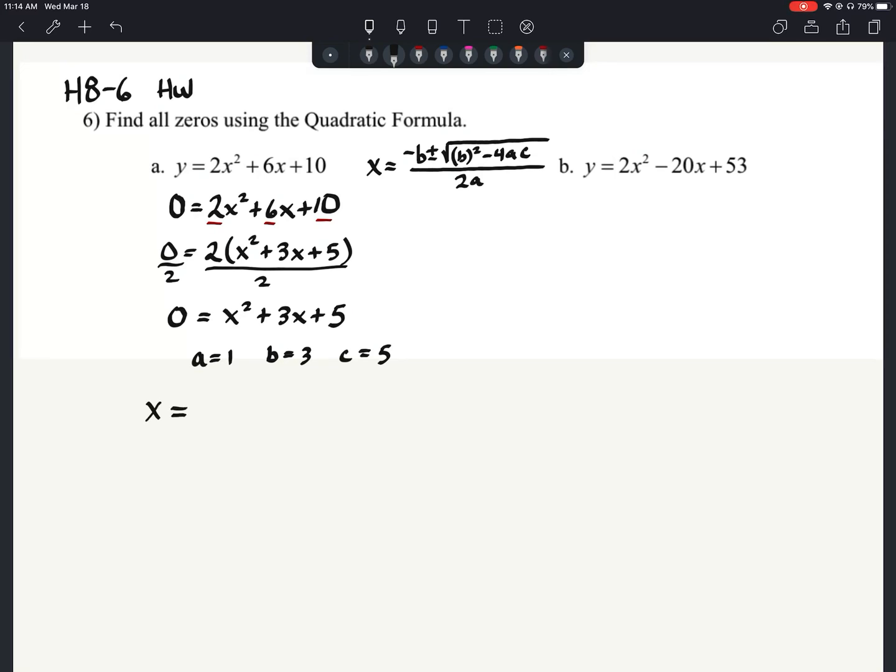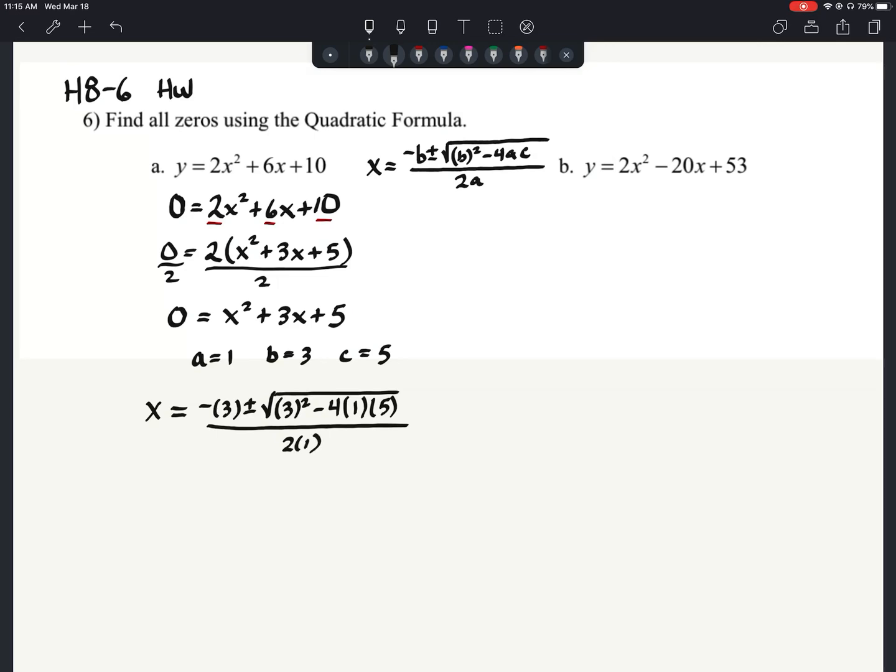We've got x is going to equal the opposite of 3 plus or minus the square root of 3 squared minus 4 times 1 times 5, and then we're going to put this whole thing over 2 times 1. All right, so we're just going to simplify this.